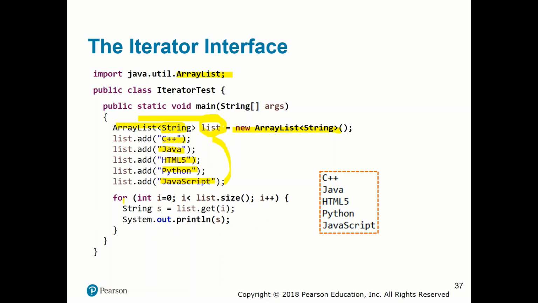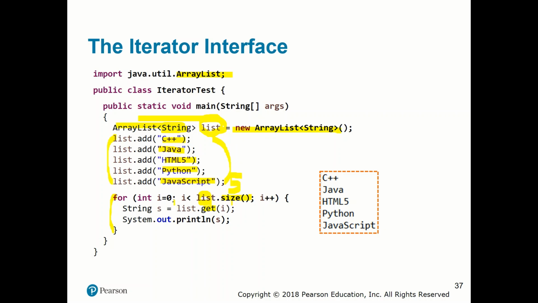Then this for loop will print out the contents of the ArrayList. So I think you remember this one, size and get. list.size will return the size of the ArrayList. Here there are 5 elements, so 5 will be returned.